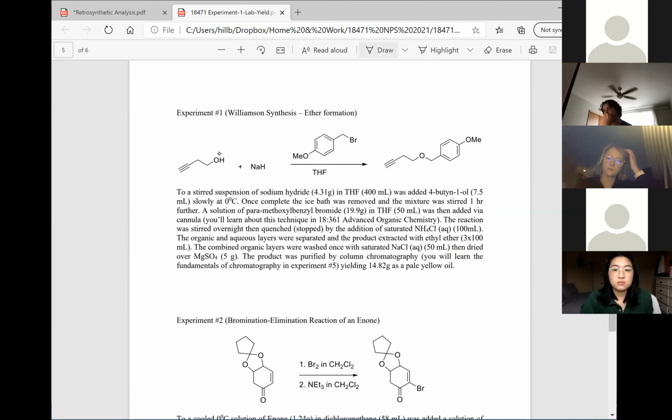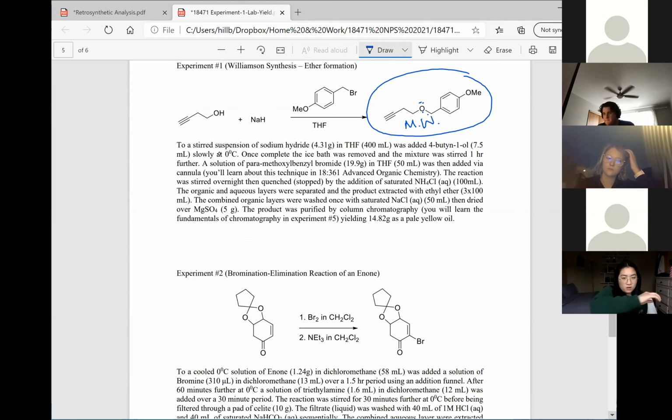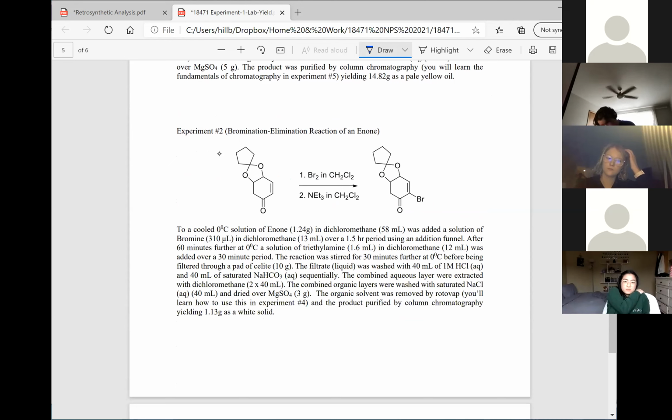But for this product here, you don't need to name it. All you really need to figure out is the molecular weight, totaling up the atoms and calculating that out. You don't need to know the name of this enone, and again you just need the molecular weight of it.